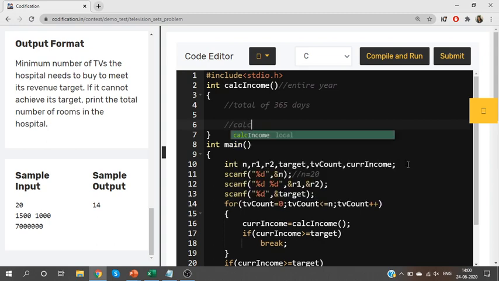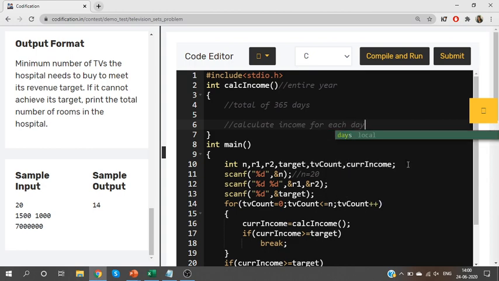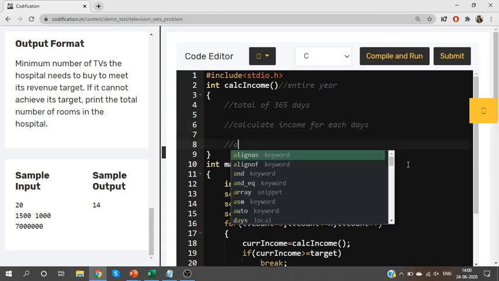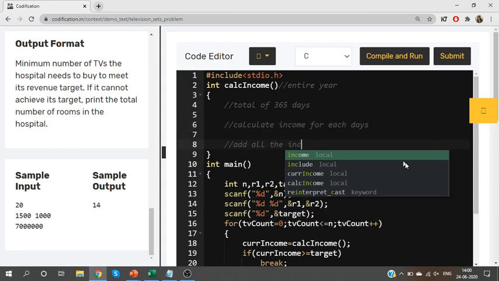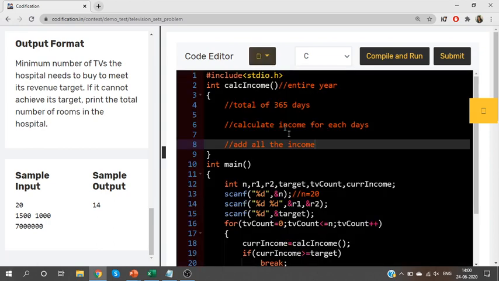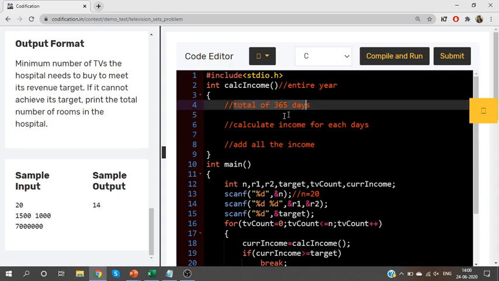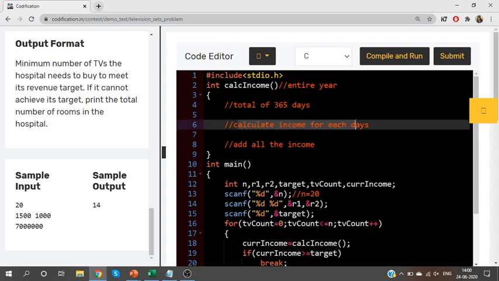Calculate income for each day, add all the income. Is it clear? We have a total of 365 days. Calculate income for each day and add all the income. That will give you the total income.